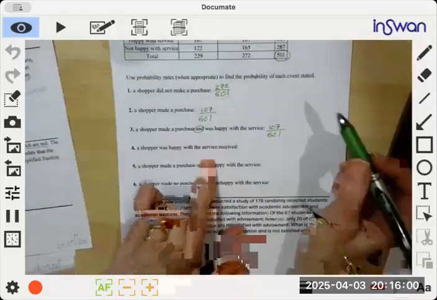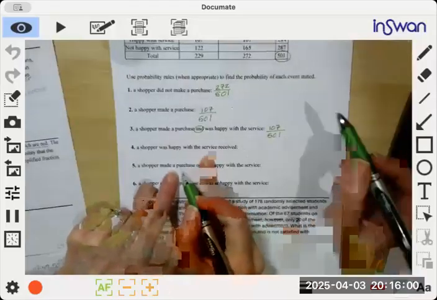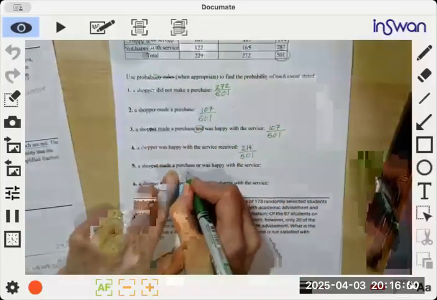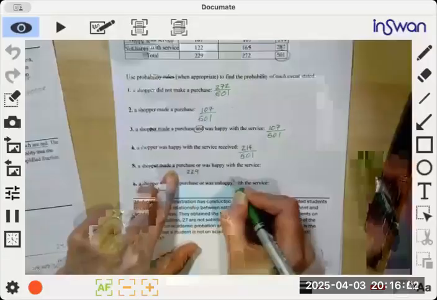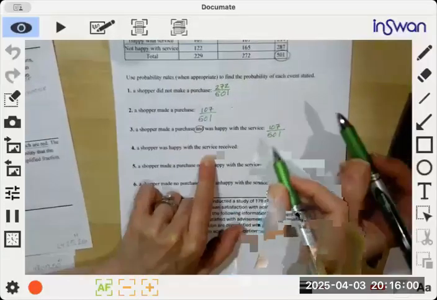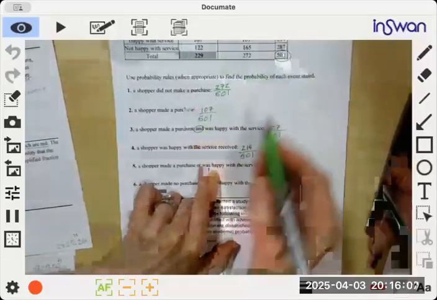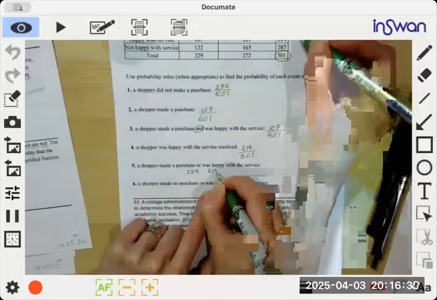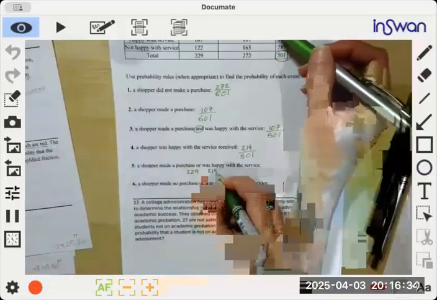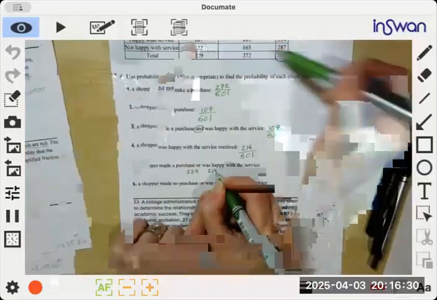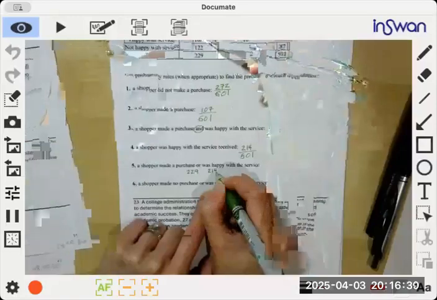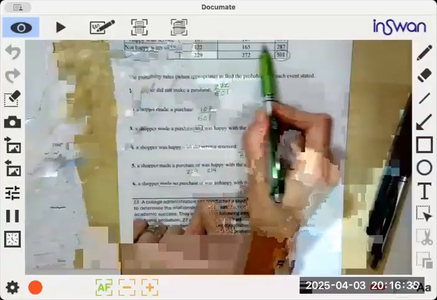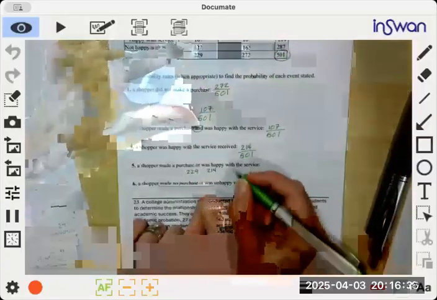Shopper made a purchase or was happy with service. Okay, so made a purchase is 229. Or was happy with service. Happy with service is 214. But then we have to take away the made a purchase and happy because we counted this 107 twice. When we went down, we counted the 107, and when we went across, we counted that 107.